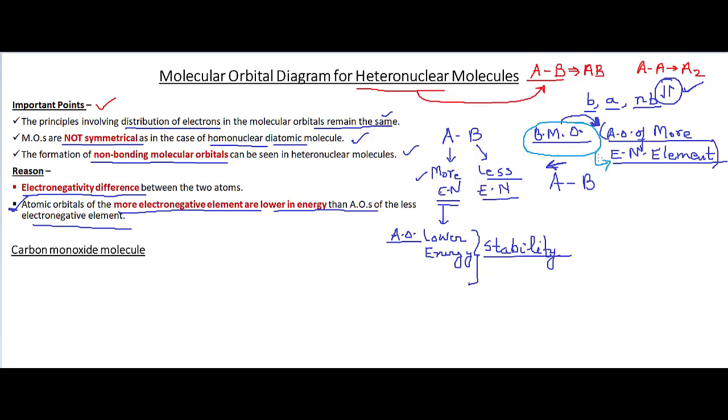All these are new things compared to homonuclear diatomic molecules, so these points are very important when we draw the molecular orbital picture of heteronuclear molecules. The first heteronuclear molecule we will discuss is carbon monoxide, the CO molecule. So now we will discuss the CO molecule.